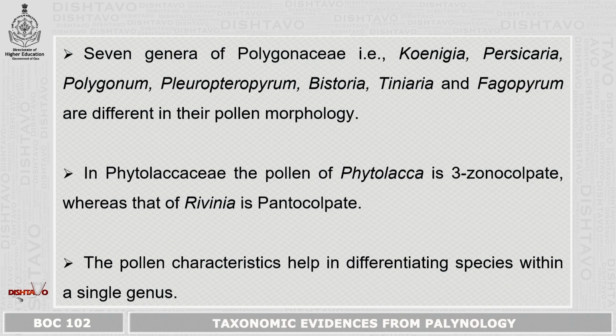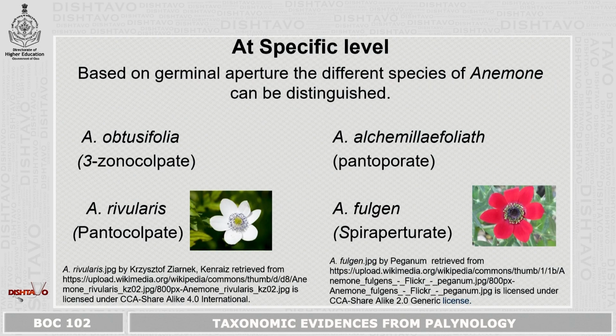There are seven genera of Polygonaceae, that is Koenigia, Persicaria, Polygonum, Pleuropterus, Bistorta, Fallopia and Fagopyrum, and they all differ in their pollen morphology. In Phytolaccaceae, the pollen of Phytolacca is 3-zonocolpate, whereas in Rivina, it is pantocolpate. The pollen characteristic helps in differentiating species within a single genus.